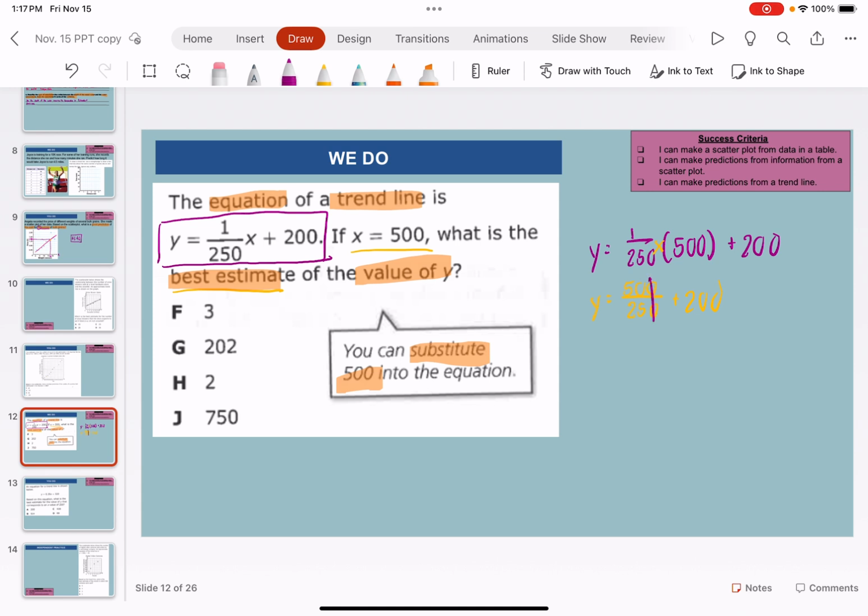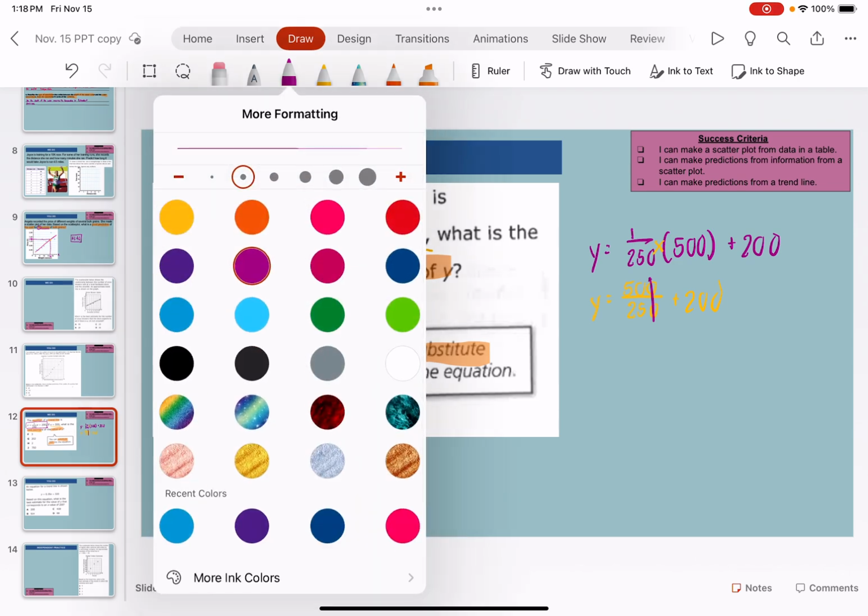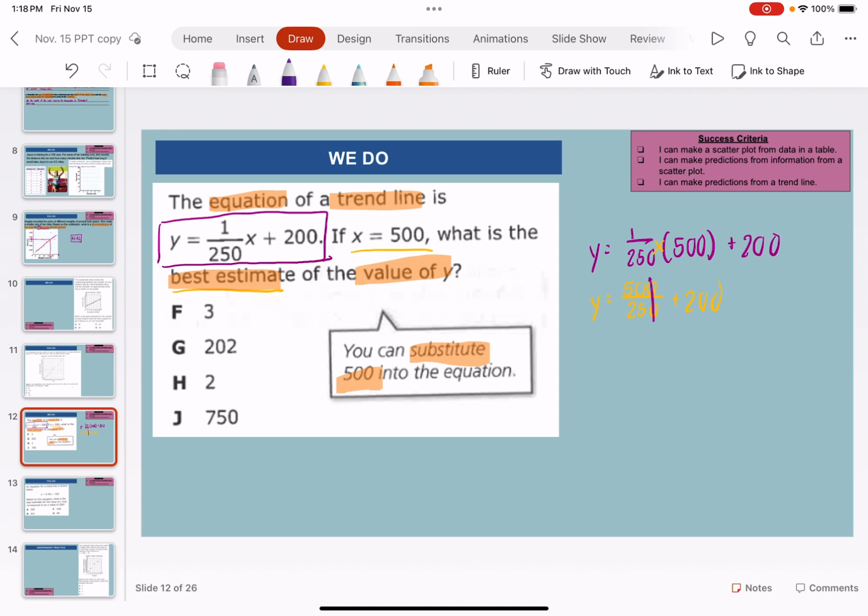So I can only cross out zeros if they're on top and bottom and not in decimals in numbers. So I'm just simplifying fractions essentially. Okay, so from here, we have y is equal to 50 divided by 25 is just 2. And then we have 2 plus 200 is going to be 202. So of course, our answer is going to be G, 202.